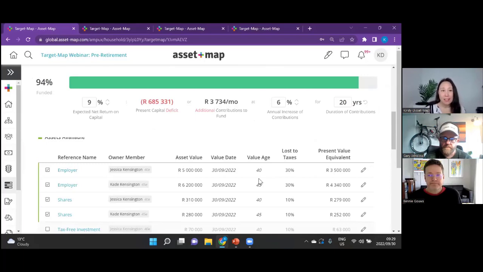The reason for that is that we're looking at the lifetime of these funds. These funds will eventually go into a living annuity. They'll provide an income to the client. And over the lifetime, we don't know exactly what the tax is going to be from now till then. But let's make an assumption that's realistic, that's reasonable, that we can apply to it.